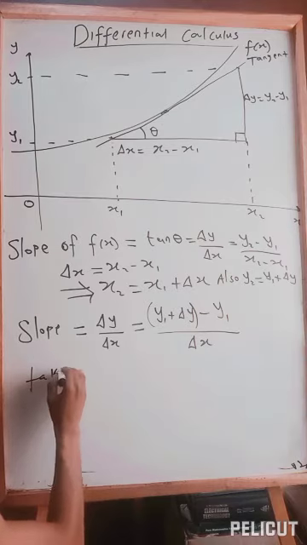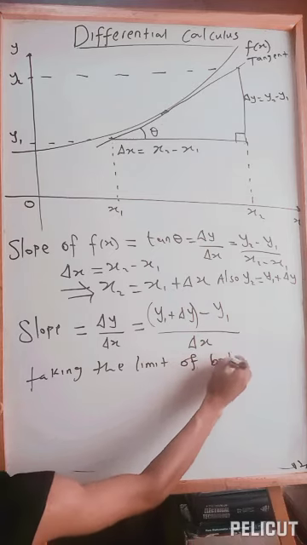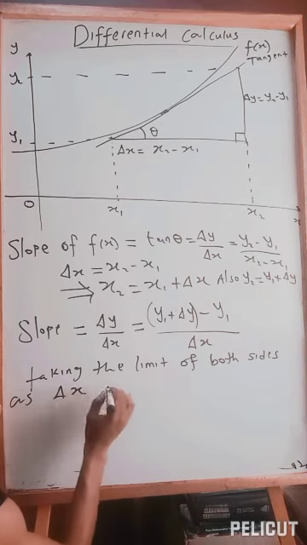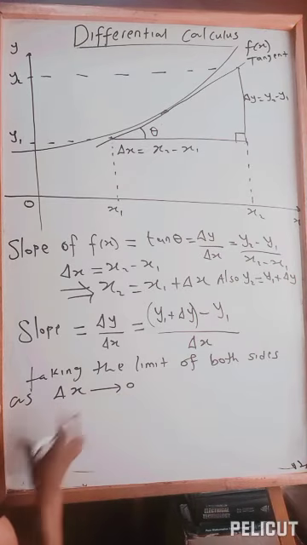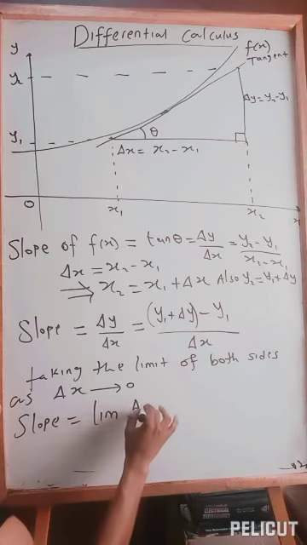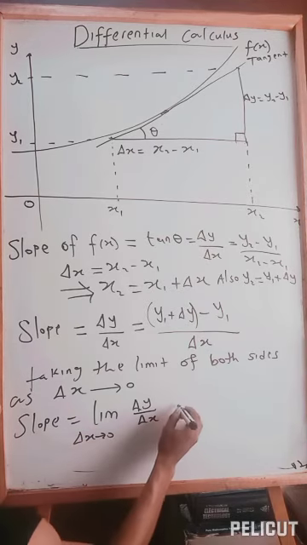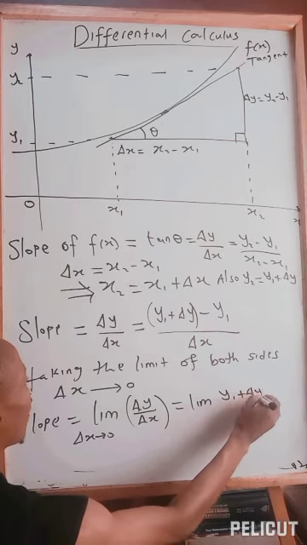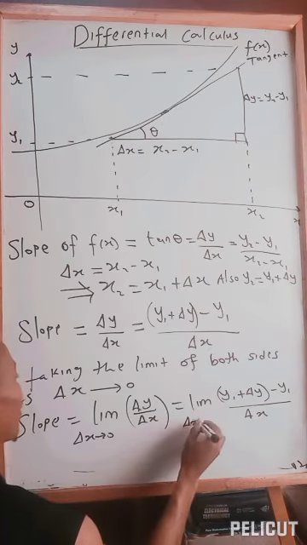So taking the limit on both sides as delta x approaches 0, we are going to have the slope to be the limit of delta y over delta x as delta x approaches 0, equal to the limit of y1 plus delta y minus y1 over delta x as delta x approaches 0.